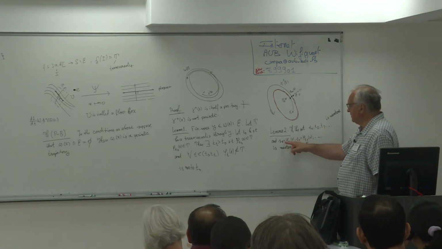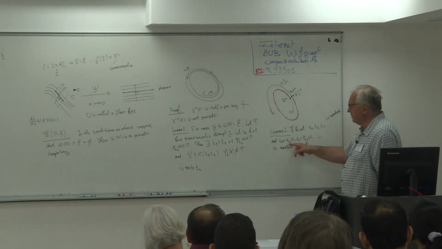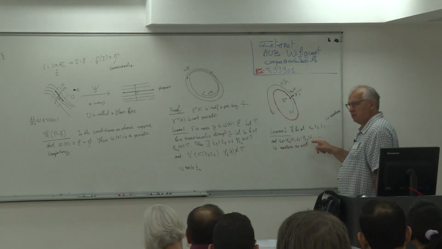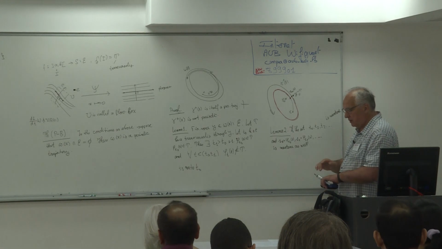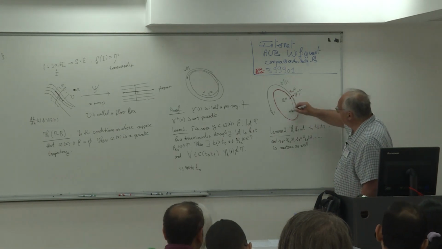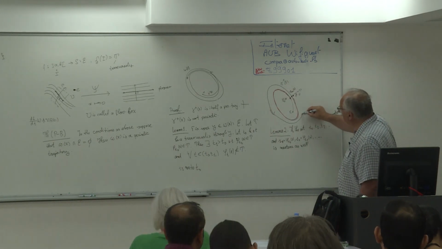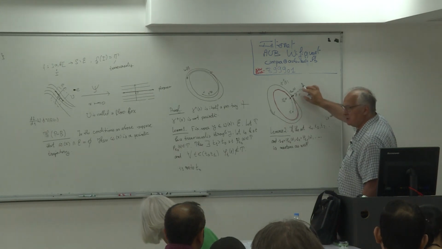Either S0 is less than S1, less than S2, and so on, or S0 is bigger than S1, bigger than S2, and so on. So that means that you have a picture like that. And you continue, and you go closer and closer.